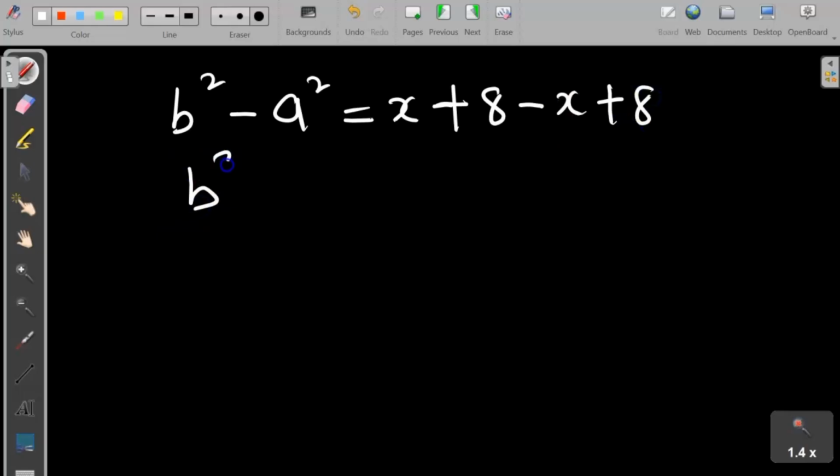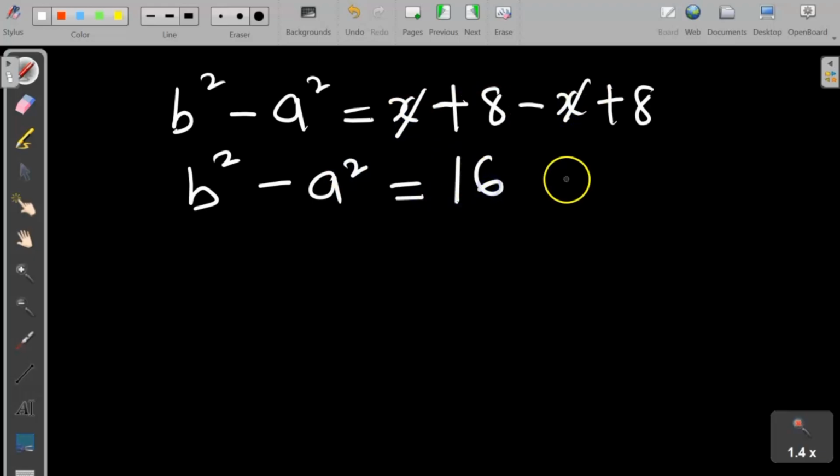This x cancels this x, leaving us with 16. So this is equation 2. So b squared minus a squared is equal to 16.